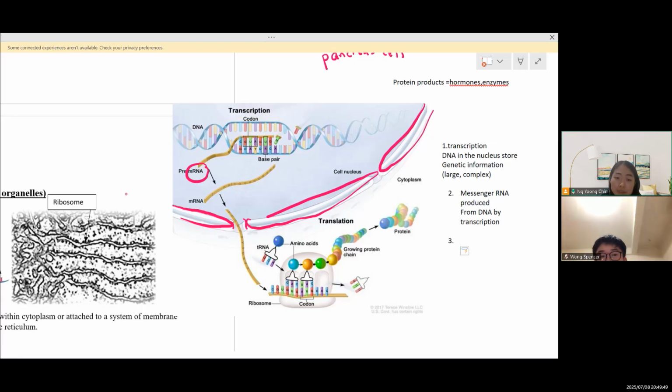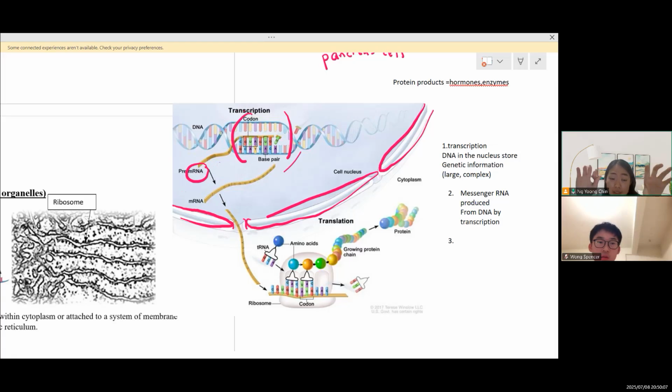After you make the mRNA, it carries the genetic information from just this region of the DNA. See, this is a messenger RNA. So they copy information from the DNA from this certain region only.